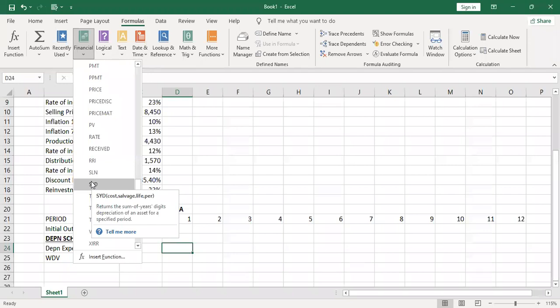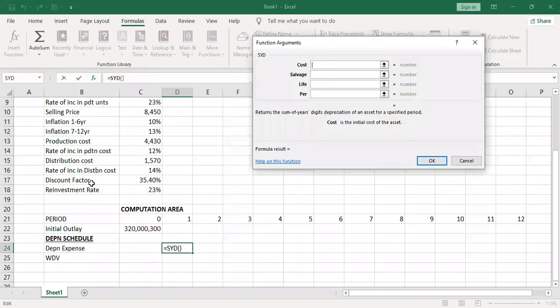Formulas, financial, SYD. Now click on SYD.